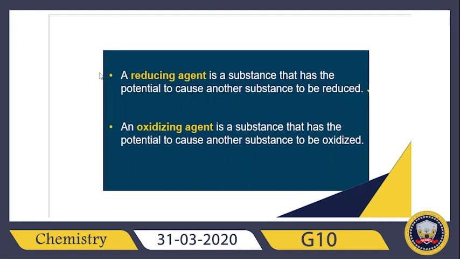As we said in our example, the reducing agent caused another substance to be reduced, meaning the substance will gain electrons, and the reducing agent in our example was Bilal, while the oxidizing agent was Hussam, because he caused Bilal to become oxidized, to lose his electrons.